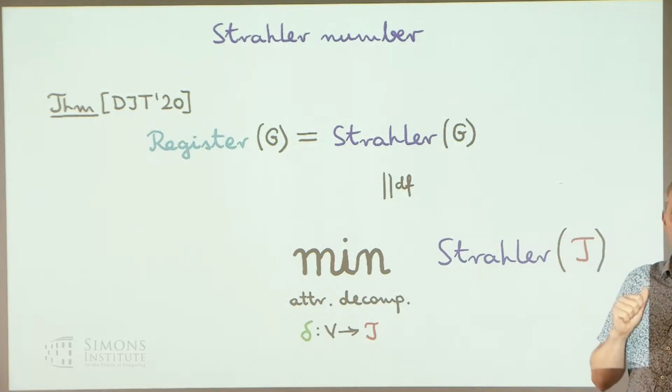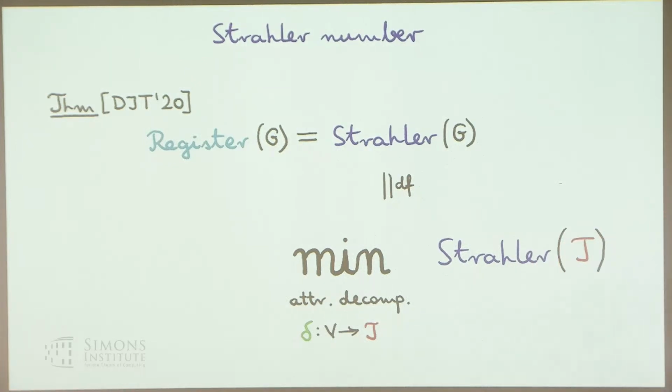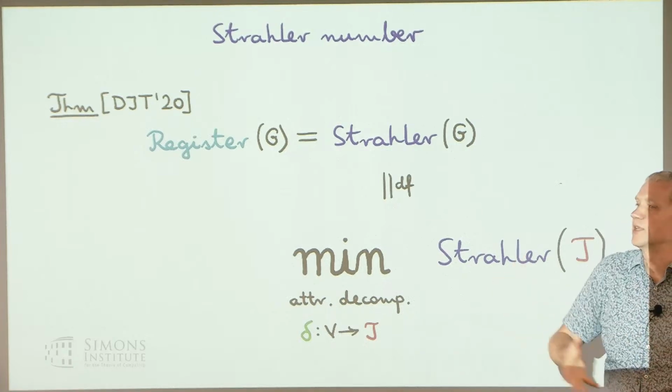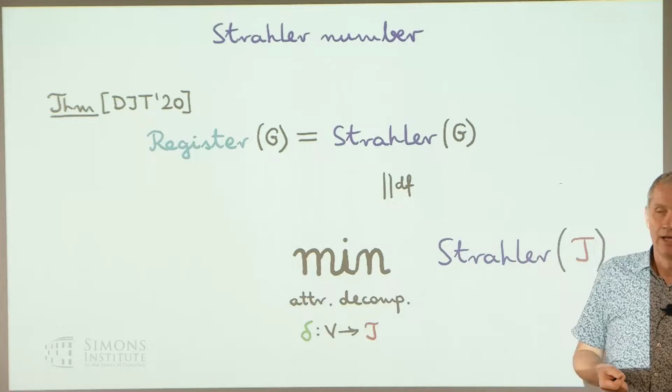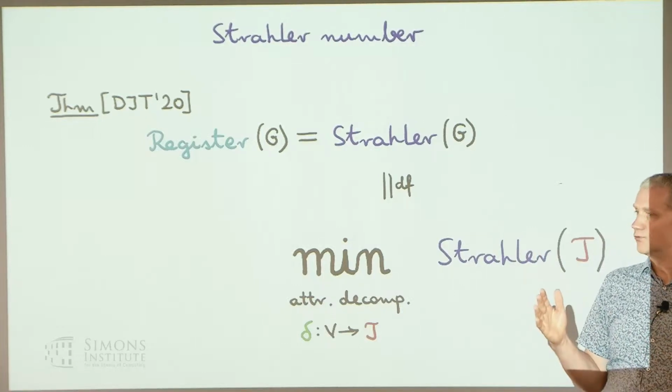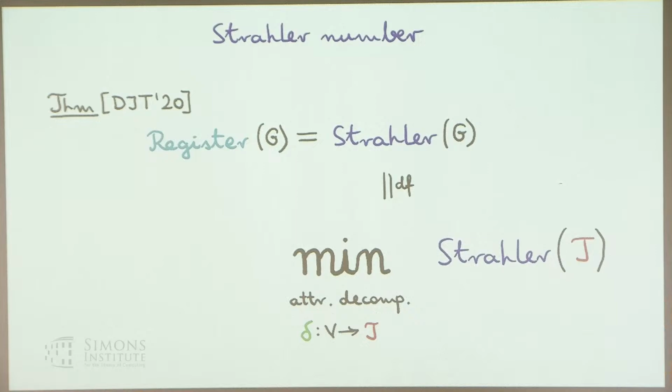For example, one of the first, I think, was Yershov in the Soviet Union, who discovered that if you want to evaluate an arithmetic expression or any expression using as few registers as possible, then the number of registers that is sufficient and necessary is the Strahler number of the tree of the expression.